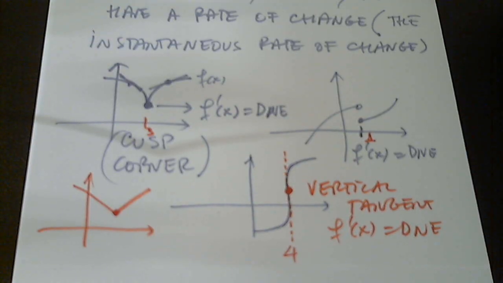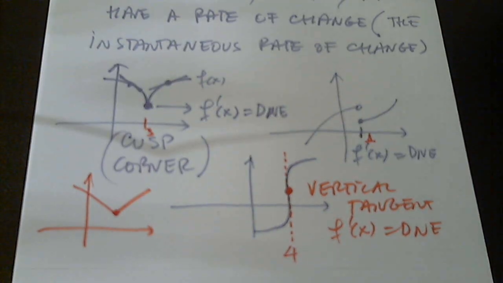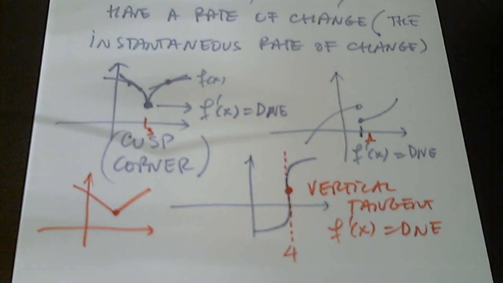So if you ask me, what is the rate of change of this function at x sub 8? I'll say 0. I can give you a number. So the function is differentiable if I can give you a number. Here I cannot give you a number because there is a vertical tangent. But here I can give you a number, it is 0.